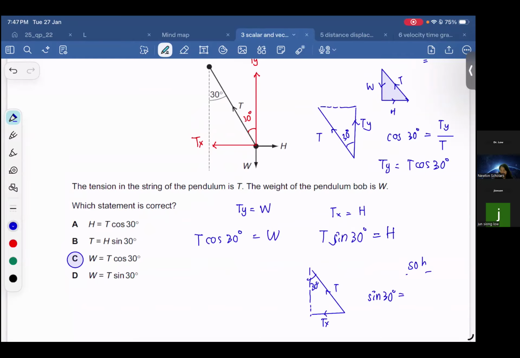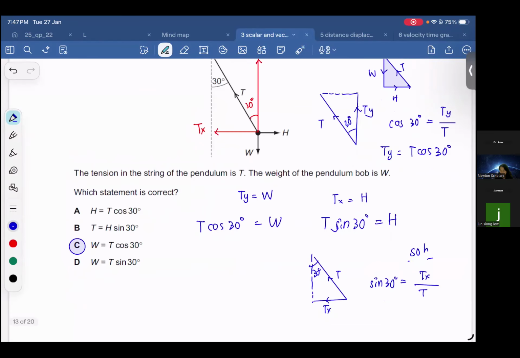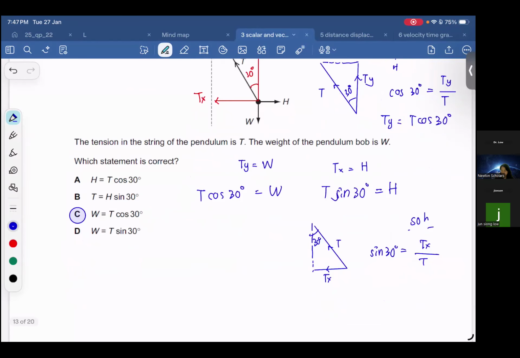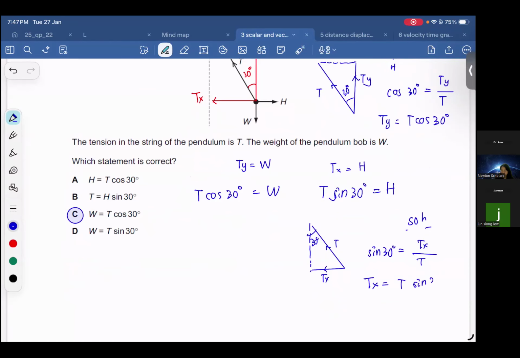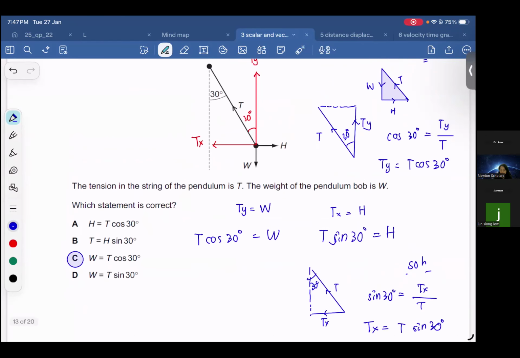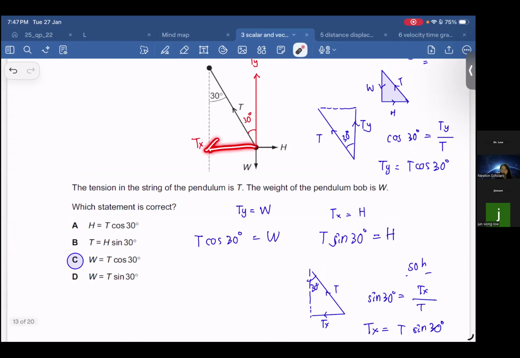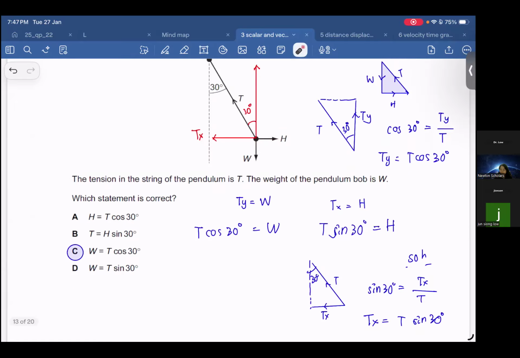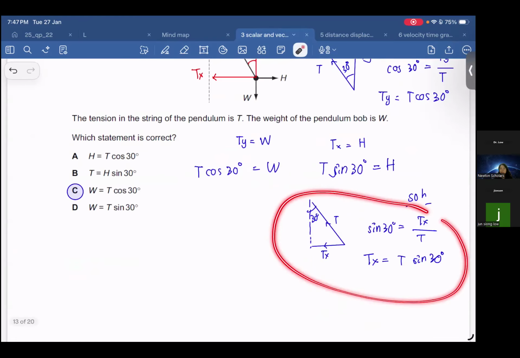Sine 30 degrees equals opposite over hypotenuse. The opposite is Tx, and the hypotenuse is T. So Tx should be T sine 30 degrees. This horizontal component equals H here. Do you get this point? This is another trigonometry step. Are you able to get this?